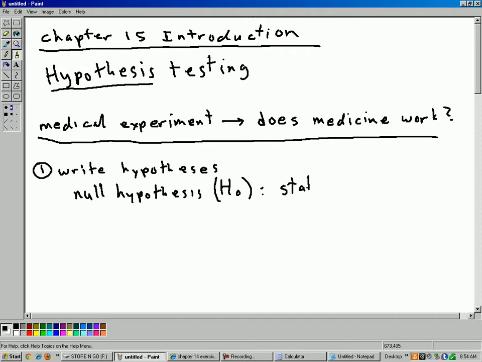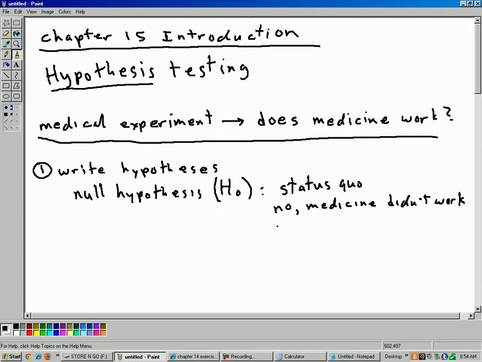It's no, the medicine didn't work in this case. Usually, whatever the question is, if the answer is no, then that's going to be the null hypothesis. So the medicine didn't work, or the people who took the placebo did just as well as the people who took the real medicine.